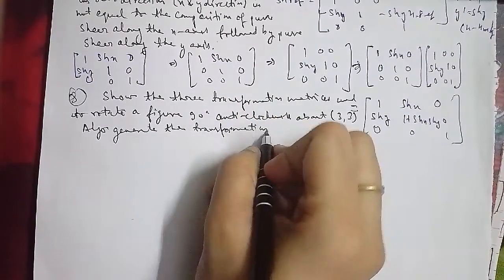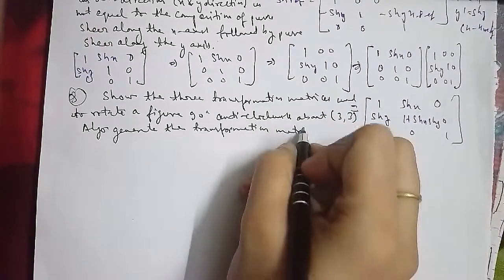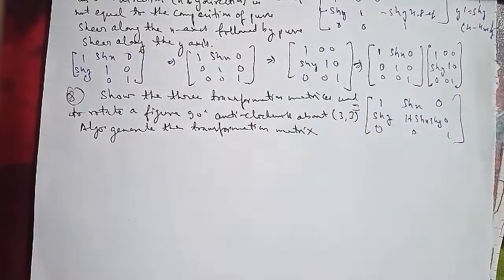First we find it for v, which equals 3i cap plus 3j cap.